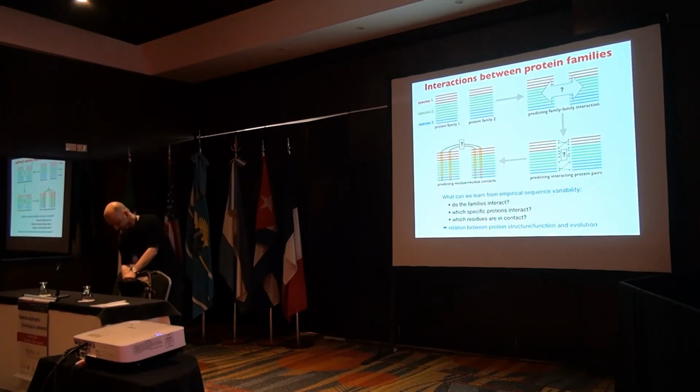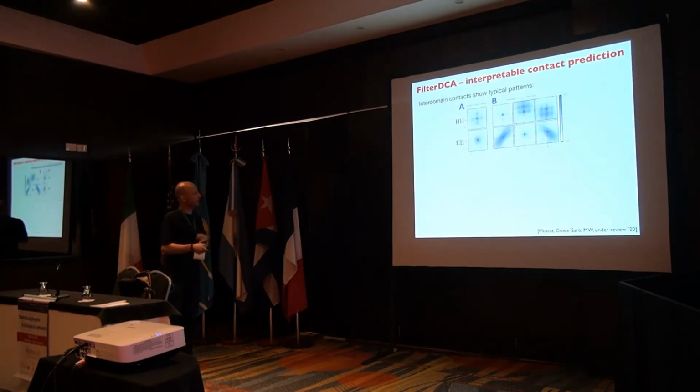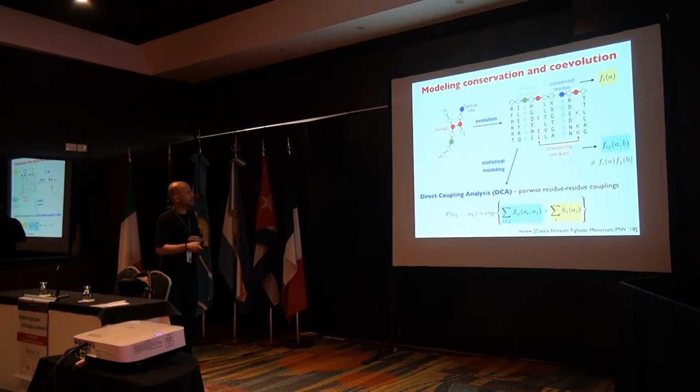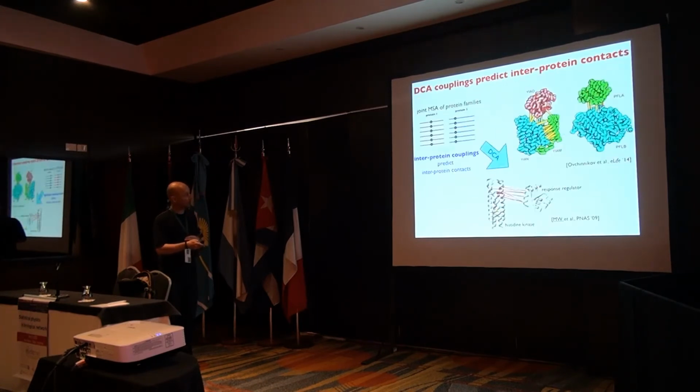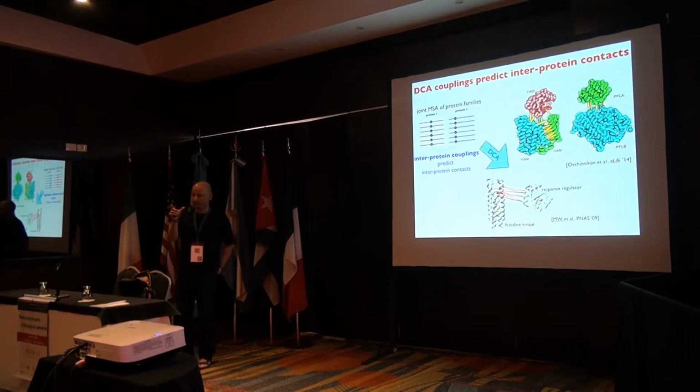So to do this, let me maybe go back to this slide here. To do this, you need actually a joint multiple sequence alignment of the proteins. So you need something which is not just one protein in each line, but which is a pair of interacting proteins in each line to actually find these couplings between proteins.